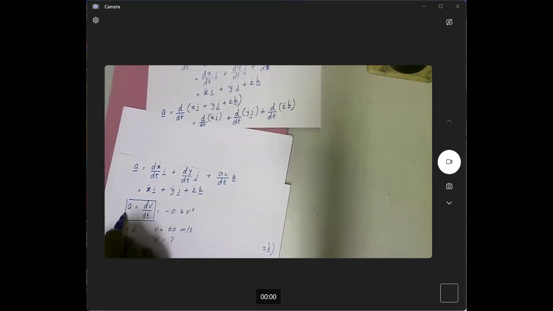It gives us the relationship between acceleration and the velocity.